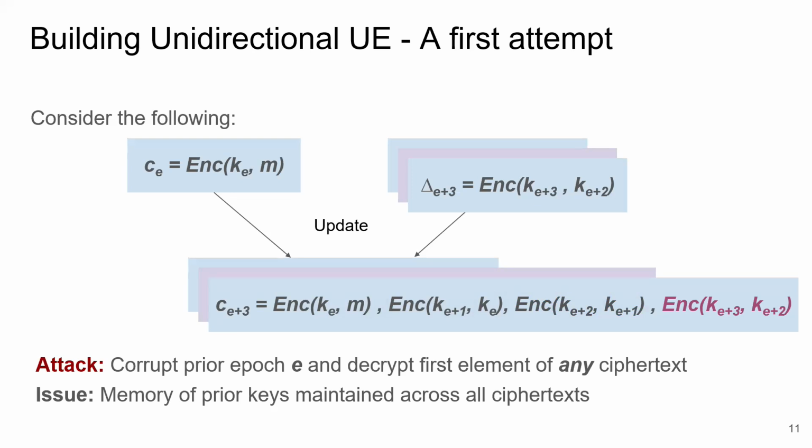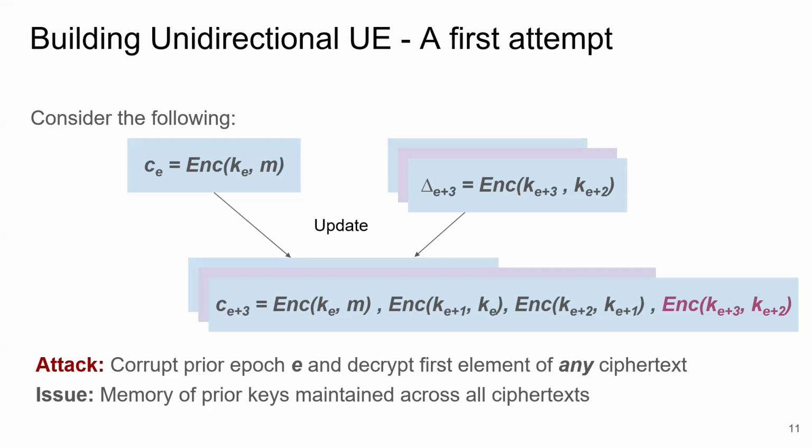We can just use a corrupt operation, get an encryption key from a previous epoch, and then use that to attack our challenge ciphertext. The issue here is there's no randomization, there's memory of these keys across all epochs and across all ciphertexts. All ciphertexts are sharing the same keys, and we can always go back and decrypt something further back in the ciphertext with these keys.